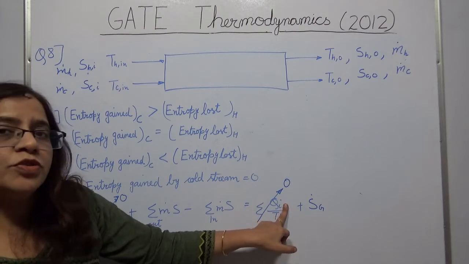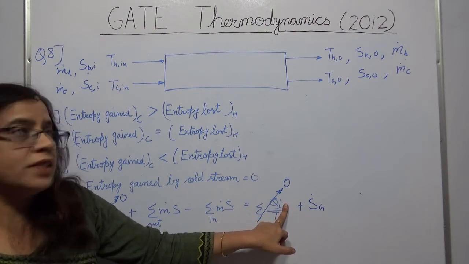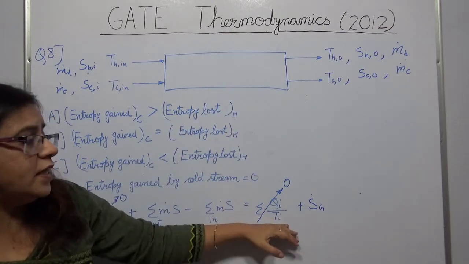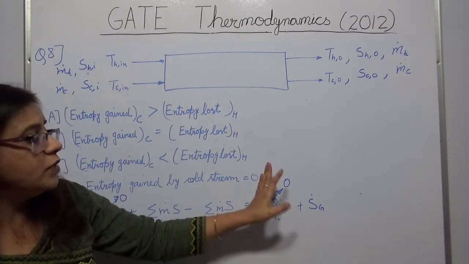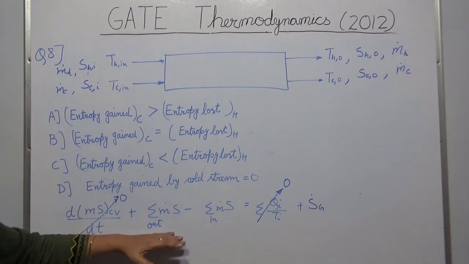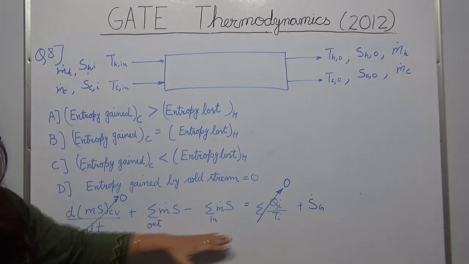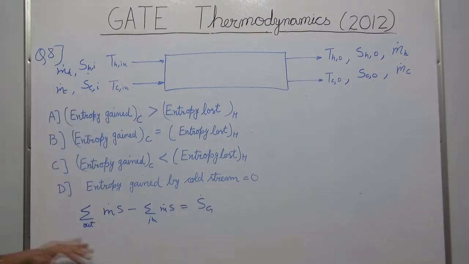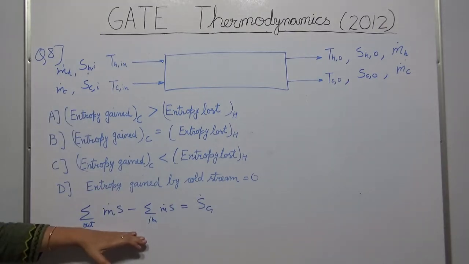Since they have asked you to neglect all the heat exchange between this heat exchanger and the surrounding, because Q_i is 0, you can take this term as 0. So what you are left with is just these two flow terms, and that is equal to your entropy generation term. I am going to just retain the simplified form of your entropy balance on the board.